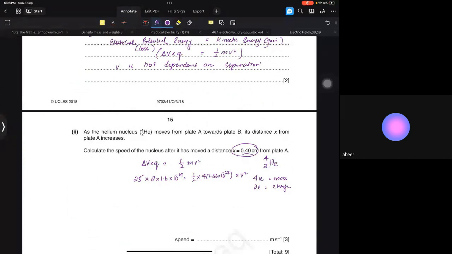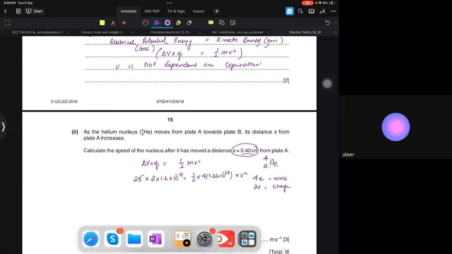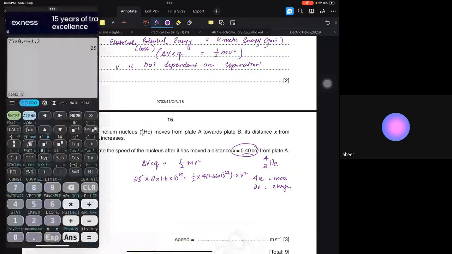Now I think we will be able to do this. Okay, let's try that. 25 times 2 times 1.6 times 10 raised to the power minus 19, and then multiply by 2 divided by 4 and divided by 1.66 times 10 raised to the power minus 27.